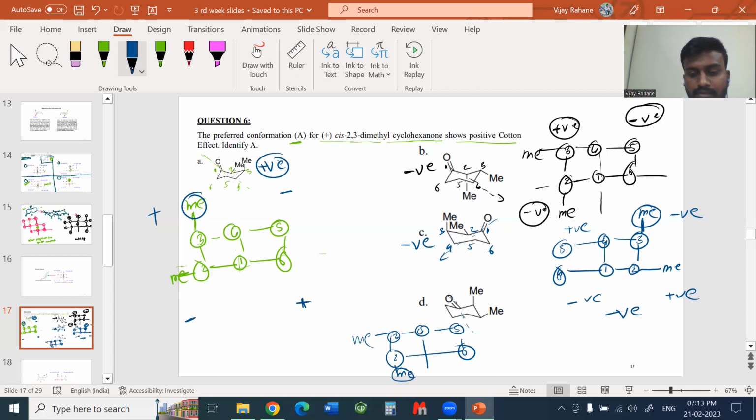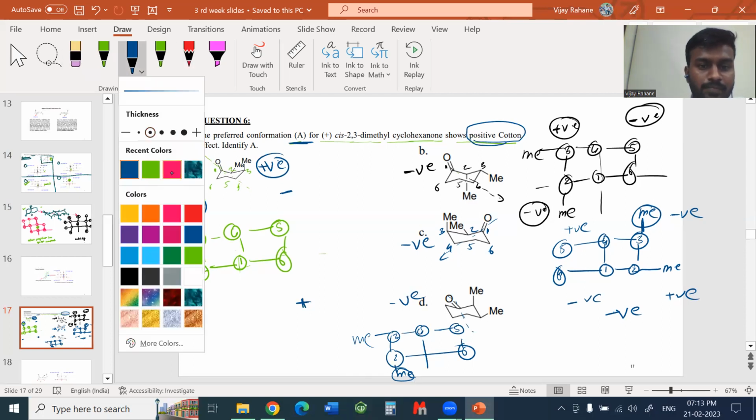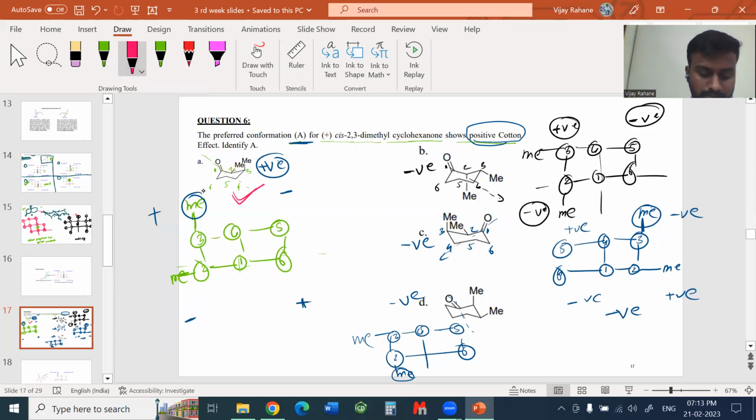Since this axial methyl contributes more and this one is on the negative side, this one also shows a negative Cotton effect. So the correct answer is the A option, right? Because we need to find out the positive Cotton effect. See, all others are negative, this one is a positive one. So option A is the correct option.